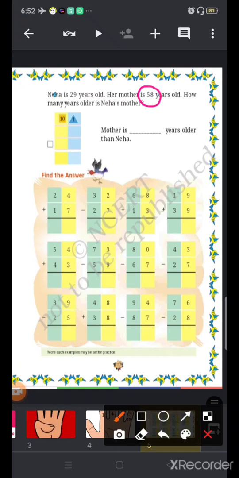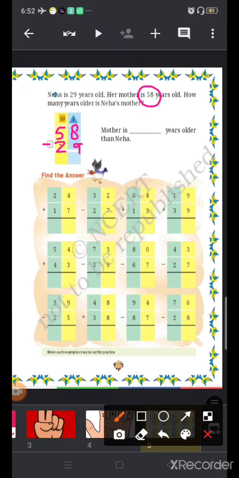In subtraction, the bigger number is written first and the smaller number next. 5 will be written in the tens place and 8 in the ones place. Same for 29: 2 in the tens place and 9 in the ones place. Now we'll subtract, and here we'll put the sign of subtraction in this box.